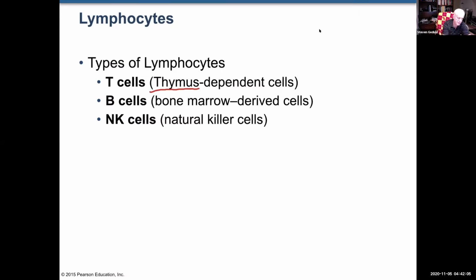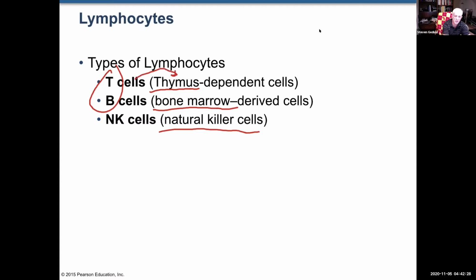T cells are your thymus-dependent cells. B cells are your bone marrow-derived cells, and NK cells are your natural killer cells. T cells and B cells all develop in the bone marrow. T cells go to the thymus to become what's called immunocompetent, to mature. So the T cells travel to the thymus to become active.